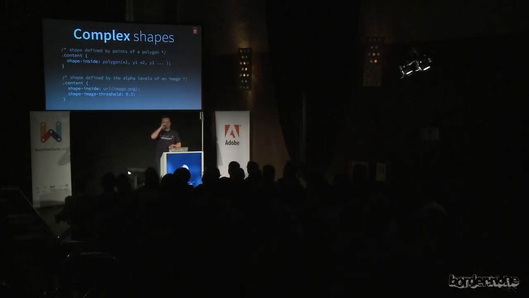And this is actually the promise we aim to fulfill. We can use polygons and define very complex shapes as a series of points. Or we could even take this a step further and use source images to knock out the shape where the image is transparent.